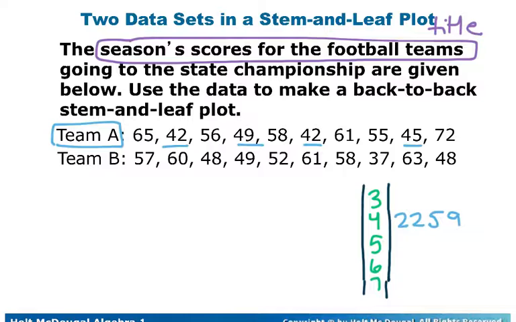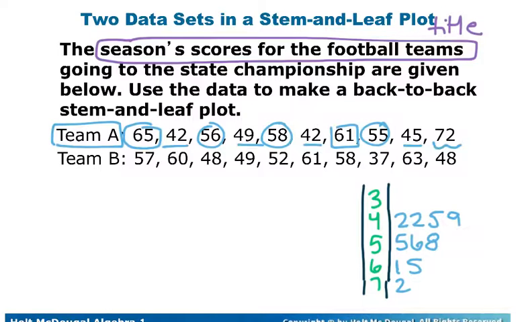Then we've got some 50s, so 55, 56, and 58. Our 60s are 61 and 65, and our last one is 72. Again, double check that we have 10 data points here and 10 data points there.